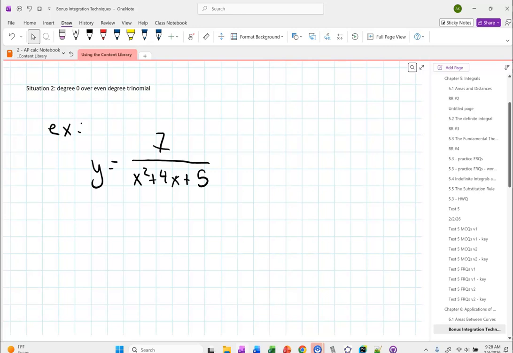Okay, so here's the trick. The only antiderivative formula we have that involves a rational function other than 1 over x is inverse tangent, right? That's what we're going to try to be making.